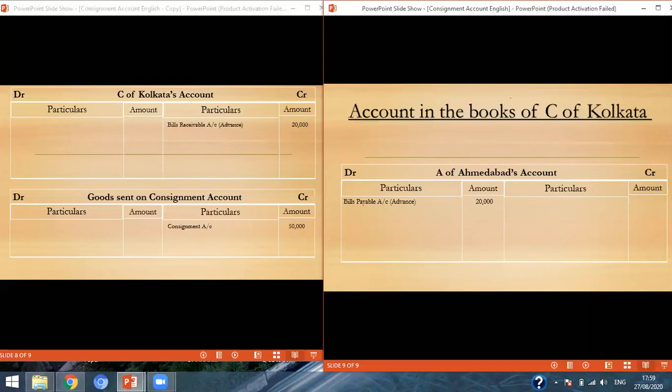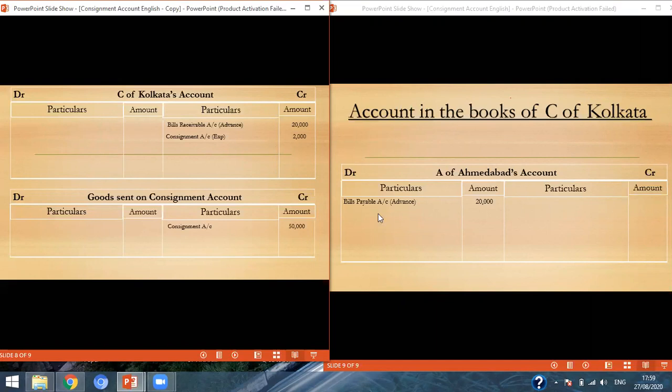Then the second entry was consignment account, that is expense, but here C Limited has paid the amount. So C Limited has paid expenses by cash. So here the cash account will be debit. Cash account, in bracket expense, amount 2,000.